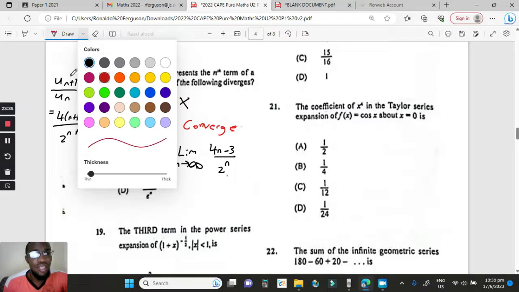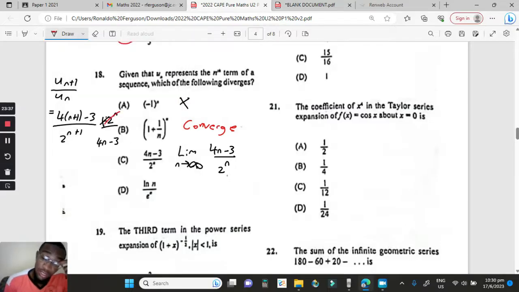Then the 2 to the n cancel out, leaving 2 to the 1 power. So this is now 4n plus 4 minus 3. What is 4 minus 3? It's 1, divided by 2 times 4n minus 3, which is 4n plus 1 over 8n minus 3.